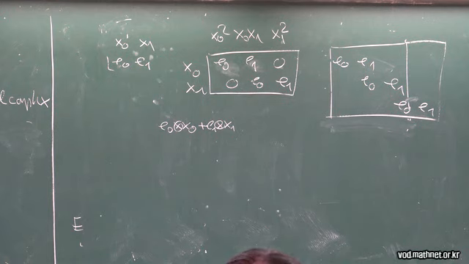So let's look at P1, and I map it to P3 as a rational normal curve. So x0, x1 maps to x0 cubed, x0 squared x1, x0 x1 squared, x1 cubed, right?